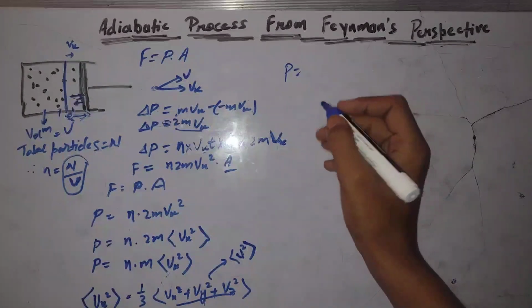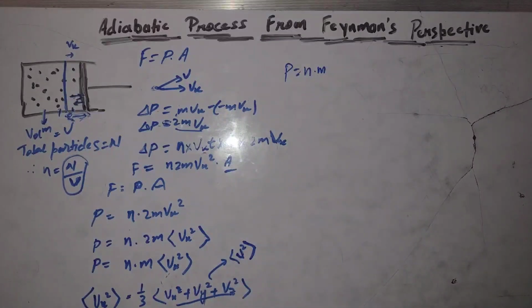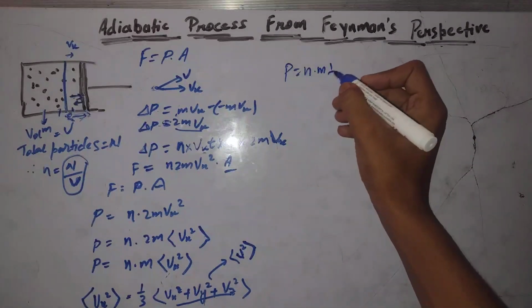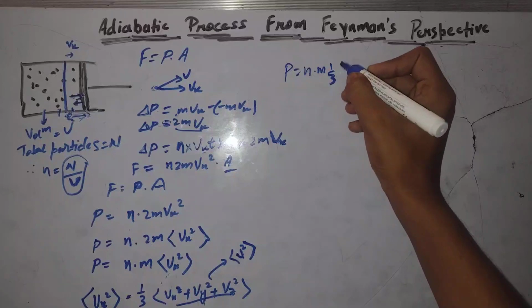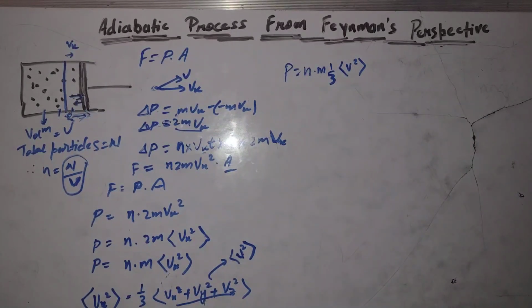So we can write pressure equals N into M into 1 by 3 of V square.